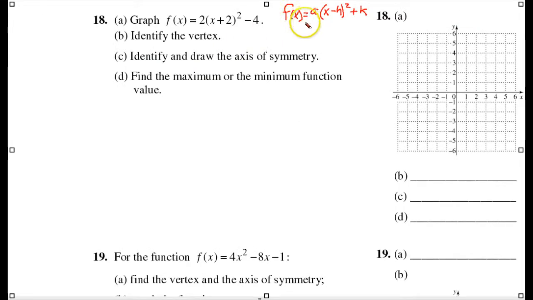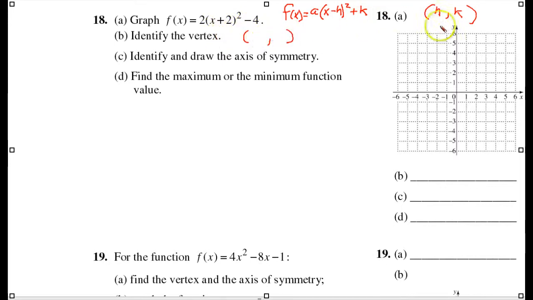And as background, remember this is set up in what we call the vertex formula. And our vertex, by definition, we said was (h, k). So we can sort of pick it right out of there.